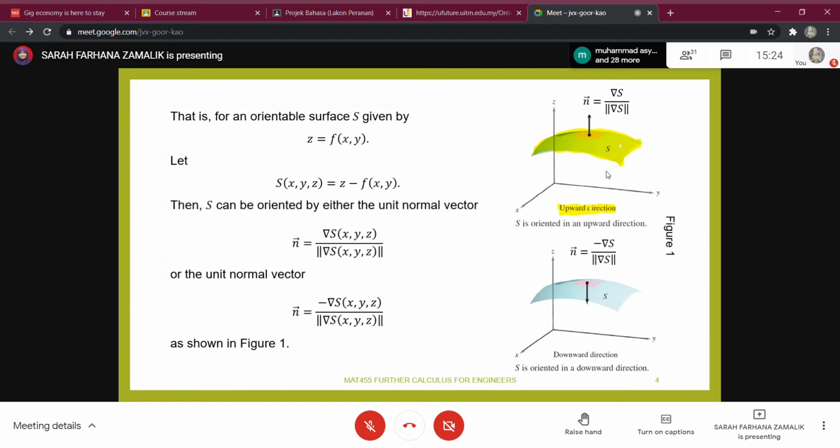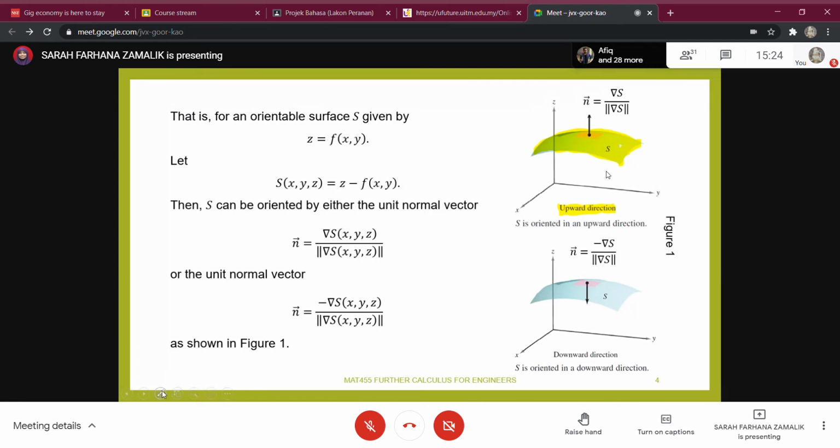The unit normal here has an upward direction. That's why the arrow is placed pointing up like that, so that you know the unit normal here has an upward direction. S is oriented in an upward direction. Hence, our unit normal is positive.